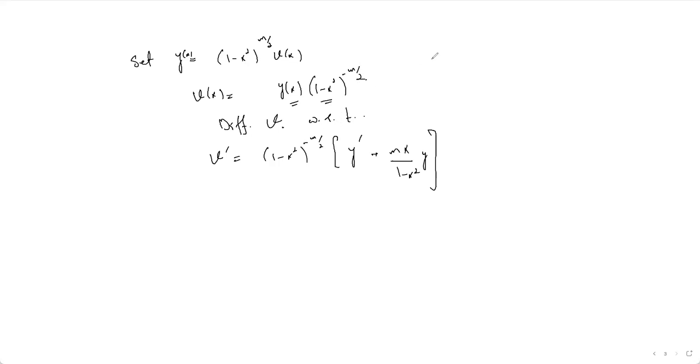Let me first elaborate. It is y of x, let me suppose it is (1 minus x squared) raised to power minus m by 2.